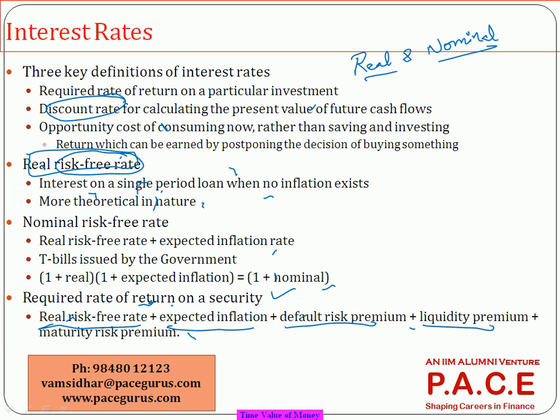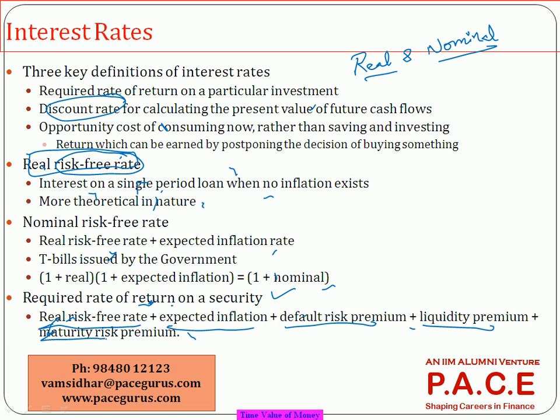And the maturity risk premium is more with respect to the time period, a longer period. Liquidity is you being able to withdraw it in the middle versus not withdrawing it in the middle.